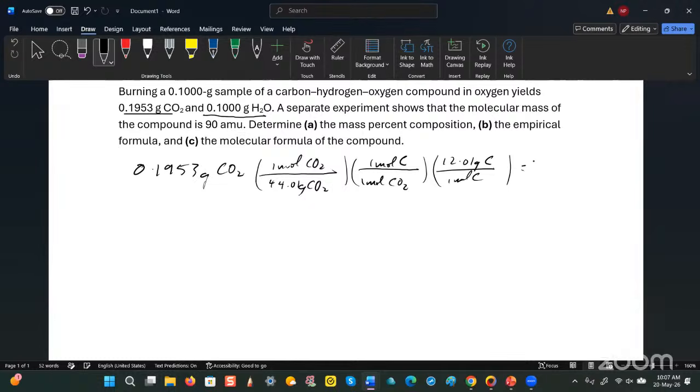And that's basically how to determine the mass of carbon in the original compound. So 0.1953 divided by 44.01 times 12.01.